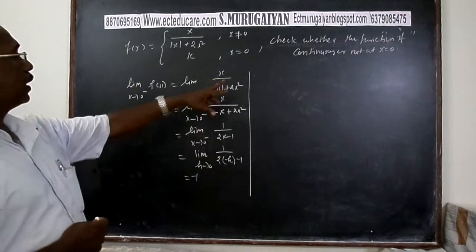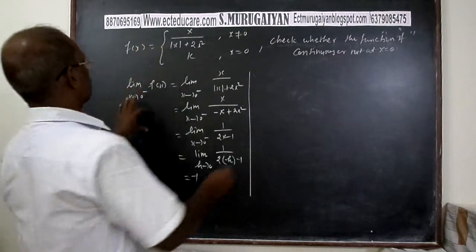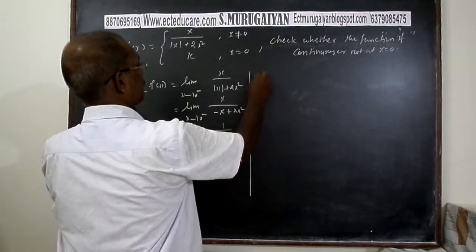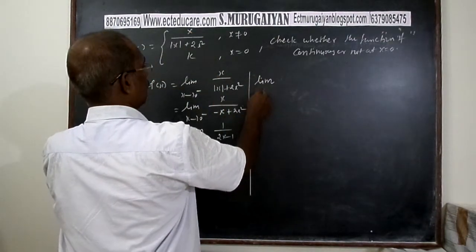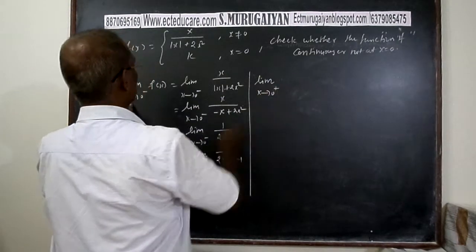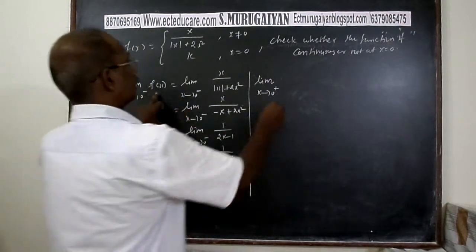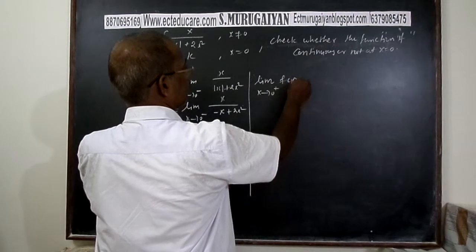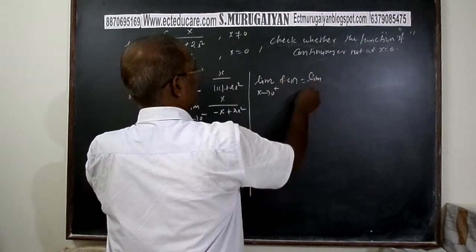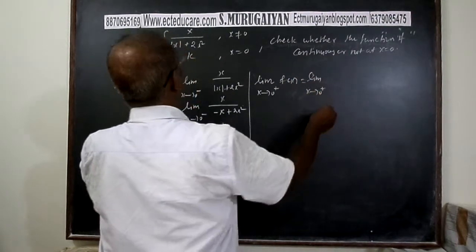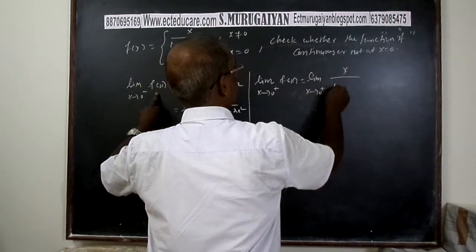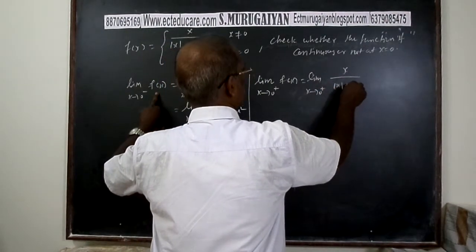Now we will try to find the right hand limit of the function f of x. Limit as x approaches 0 from the right side, that is plus, of f of x is equal to limit as x approaches 0 plus of x by (mod of x plus 2x square).